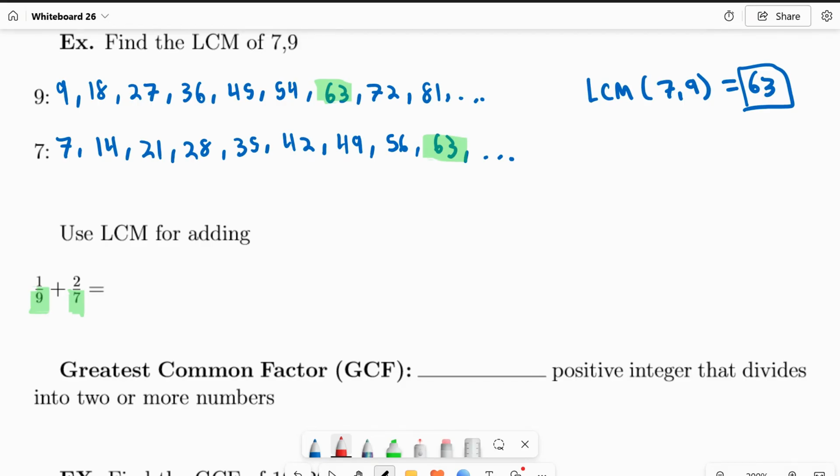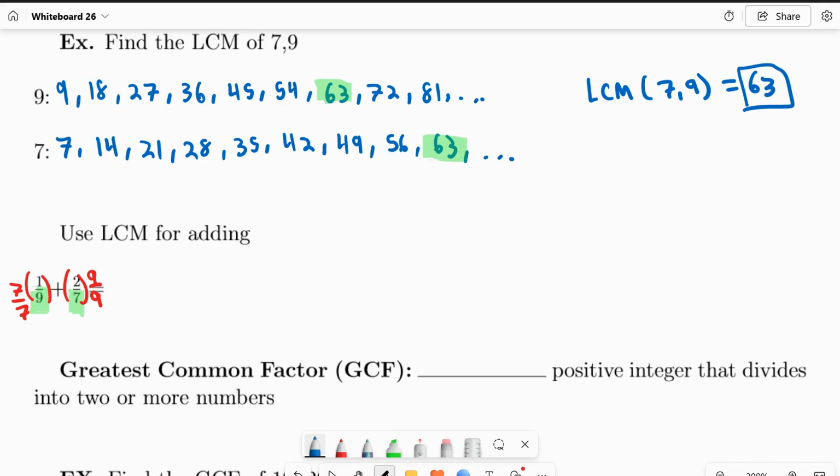You guys should know that that is 7. So we are going to multiply our first fraction by 7 over 7. Then for our second fraction, we also need to have a denominator of 63. So 7 times what is 63? Obviously that's 9. So we're going to multiply this fraction by 9 over 9.